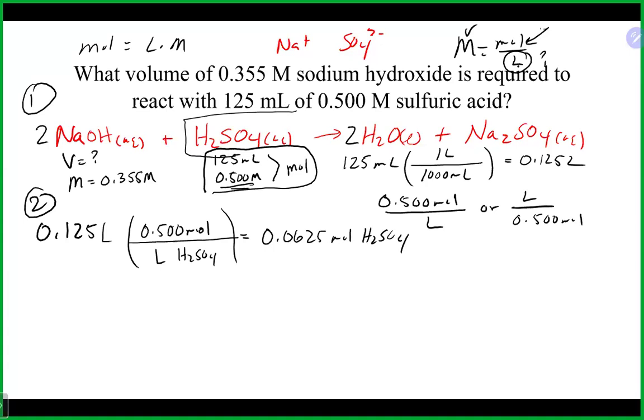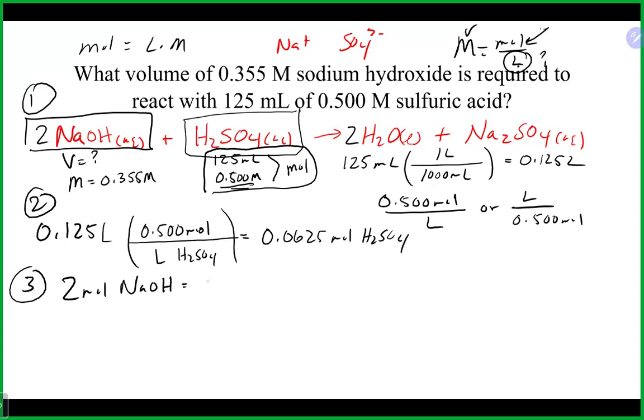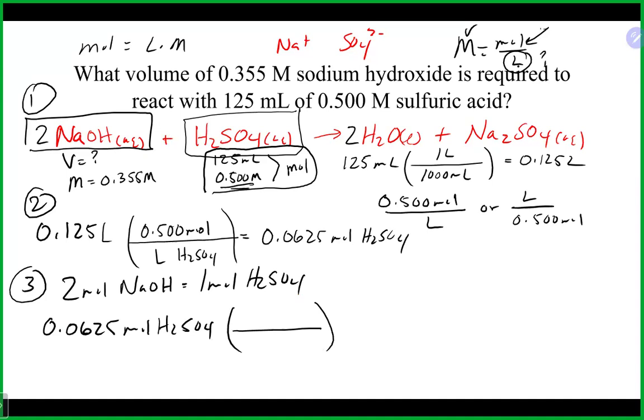So we want to look at the two things we're interested in. H2SO4 is one thing that was given to us, and we want to look at what we're trying to find, which is sodium hydroxide. So from the equation, we can see for every 2 moles of sodium hydroxide, we've got 1 mole of H2SO4. So here we'll continue on with our number. Using that relationship from the equation, opposites cancel.